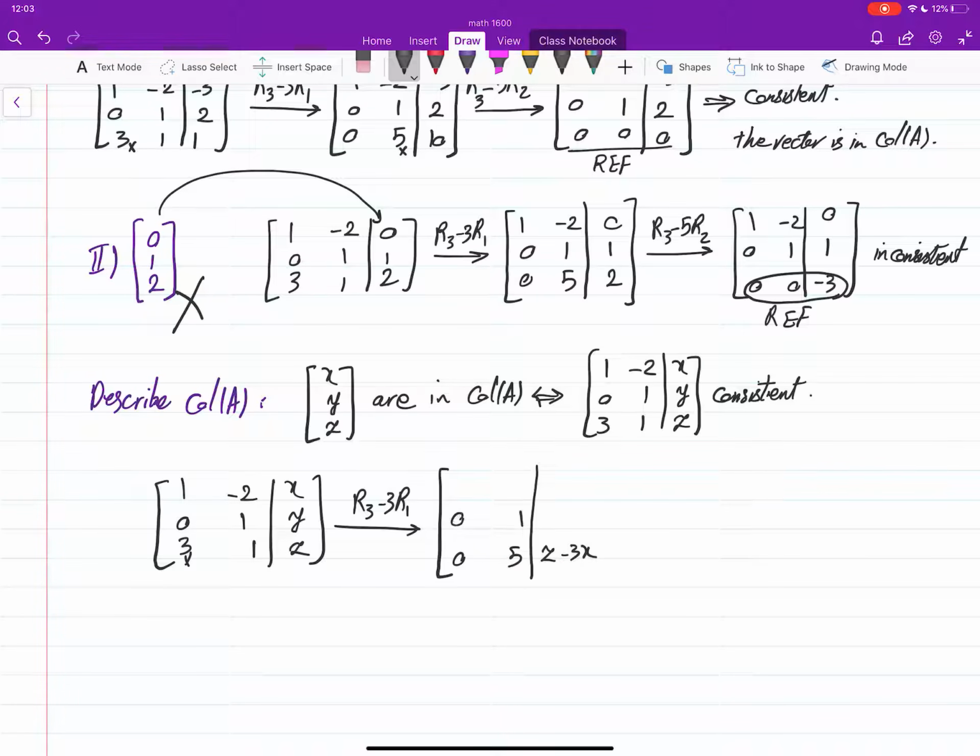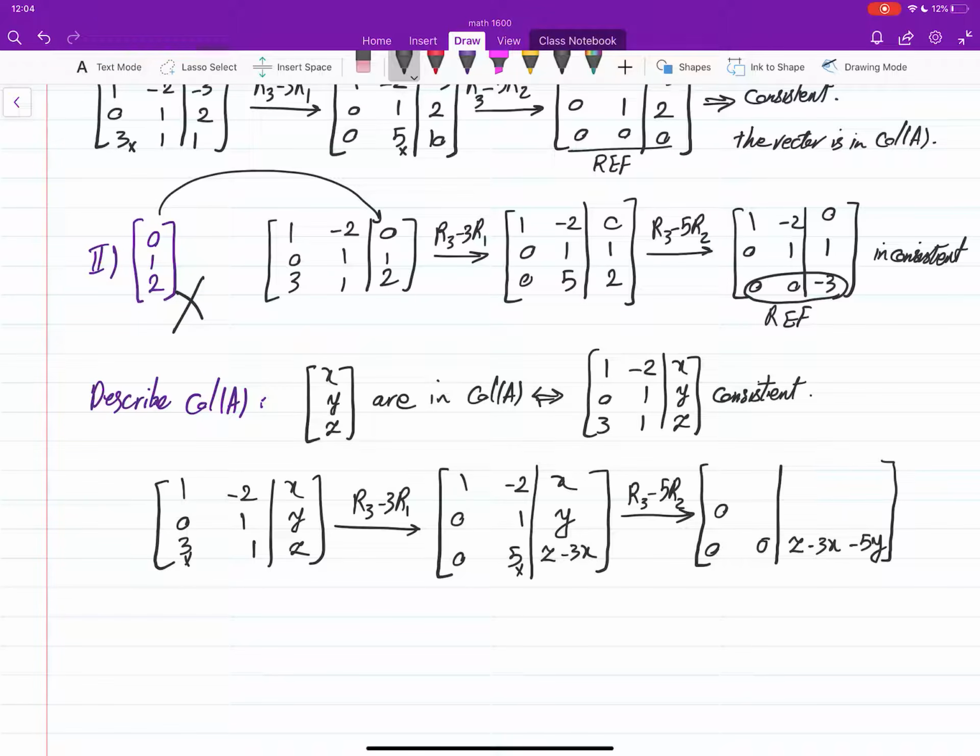The rest stays the same. And then we do one more. We get rid of this, R3 minus 5 row 2. And that gives us 0, 0, and here's z minus 3x minus 5y.